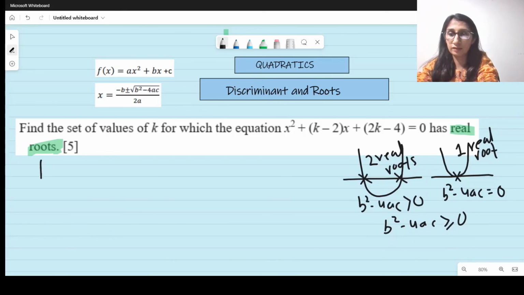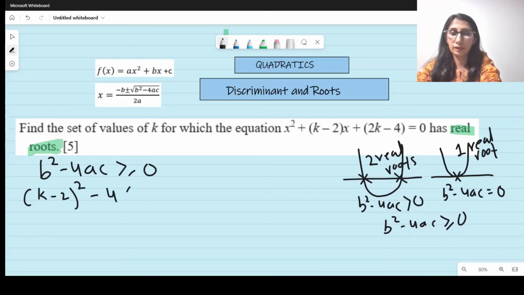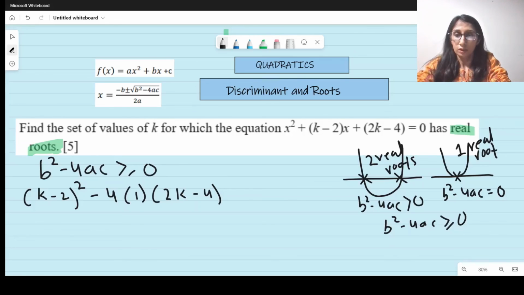So in this case, the discriminant is greater than or equal to 0. So b is (k − 2)², minus 4, a is 1, and c is 2k − 4. So equate ≥ 0. Now let's solve it.